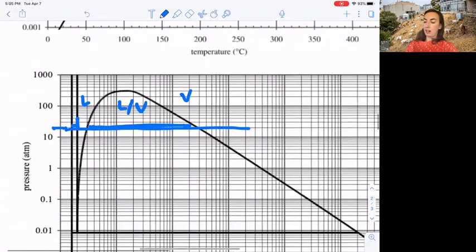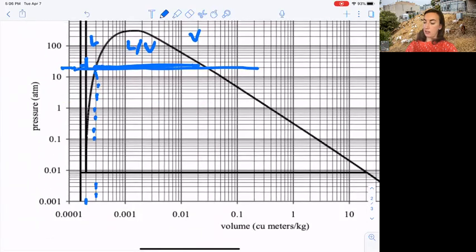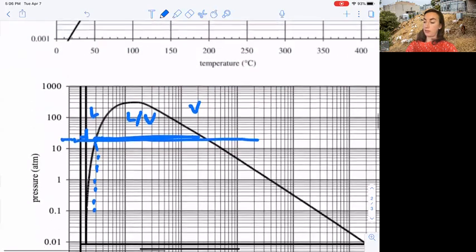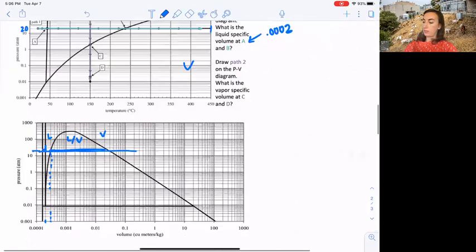Whereas if we look at our pure liquid part of the line, that is where we have pure liquid. And so anywhere in our coexistence region, the specific volume of just the liquid part of that coexistence will be this that we're reading off here. And that is about 0.0003. So then our answer to part B is about 0.0003, roughly.